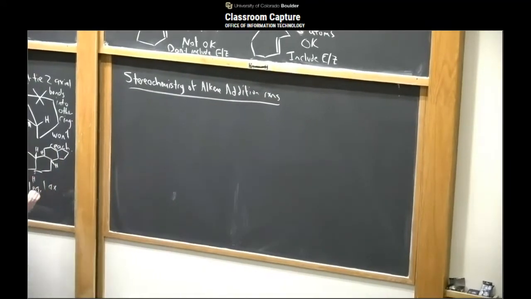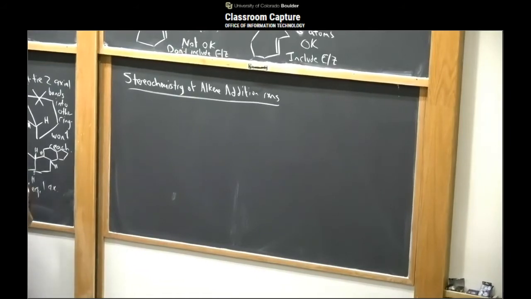Okay, so we can break down the reactions that we saw in chapters 4 and 5 into 3 different categories. When we did them before, we were just looking at regiochemistry, like what adds where, like is it Markovnikov or anti-Markovnikov. But now that we've covered stereochemistry in chapter 6, we can also look at what direction stuff is pointing after it adds.